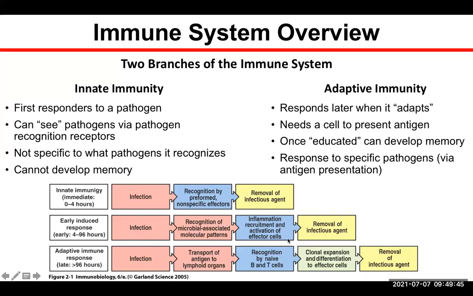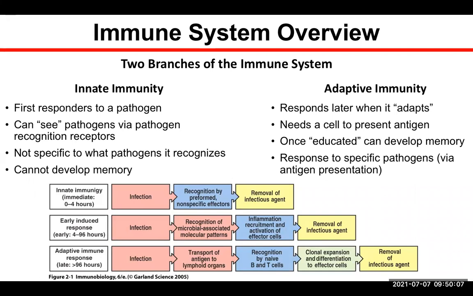That's when it'll start to recruit other innate immune cells to come and help clear the infection. That's going to be done through a variety of ways, which I'll go over when we highlight specific immune cells. Most of the time, this is good enough for the infectious agent to be cleared.